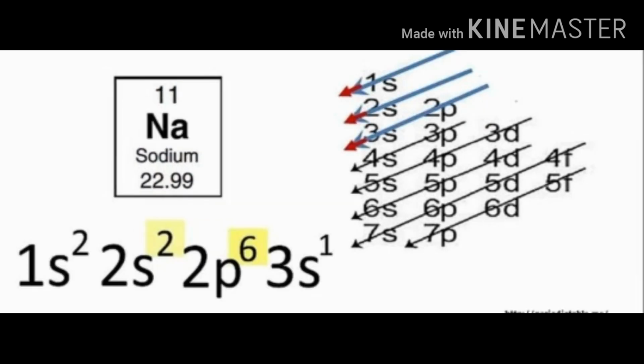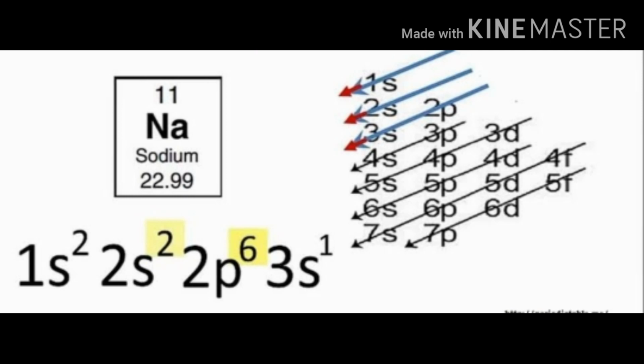Sodium's electronic configuration is 1s2, 2s2, 2p6, 3s1. This last electron, 3s1, enters the s orbital. So sodium also comes under S block elements.